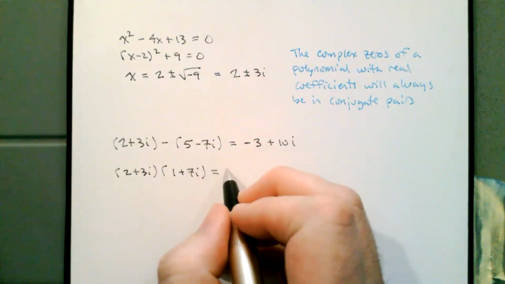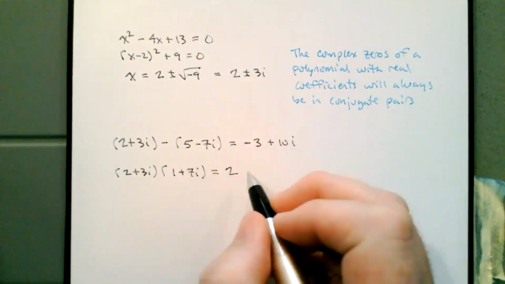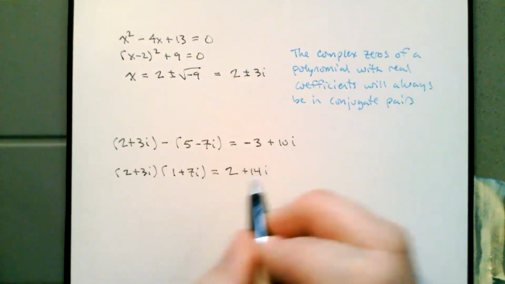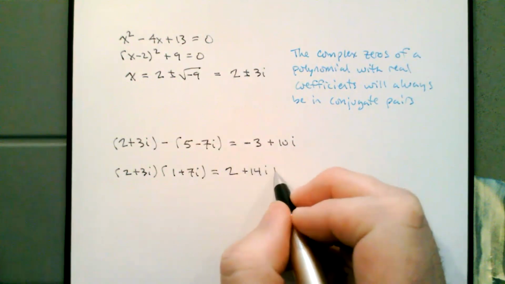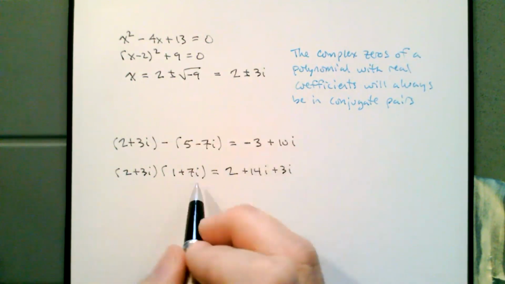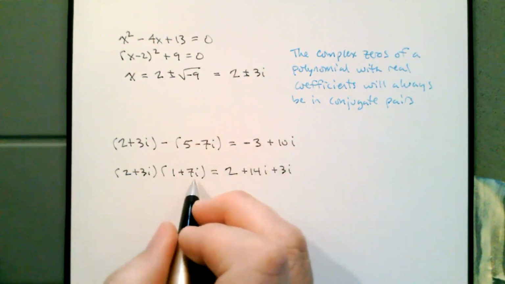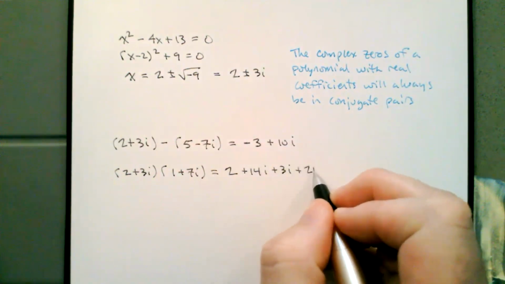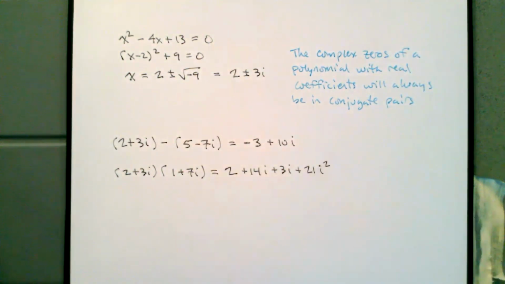2 times 1 is 2. 2 times 7i is plus 14i. 3i times 1 is plus 3i. And 3i times 7i is plus 21i squared.